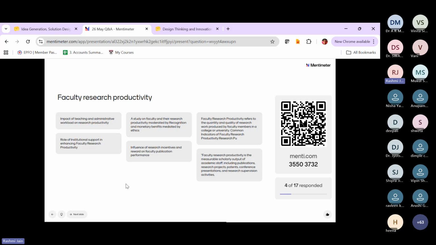So try to identify the roadblockers in faculty research productivity. What are the roadblocks? And why do you think that you should create a study around it, so that when your study gets published, authorities may take some action on it?